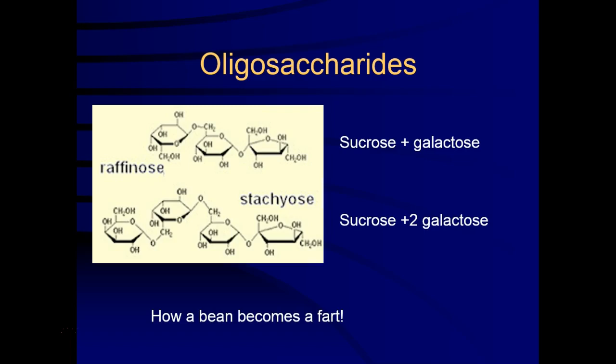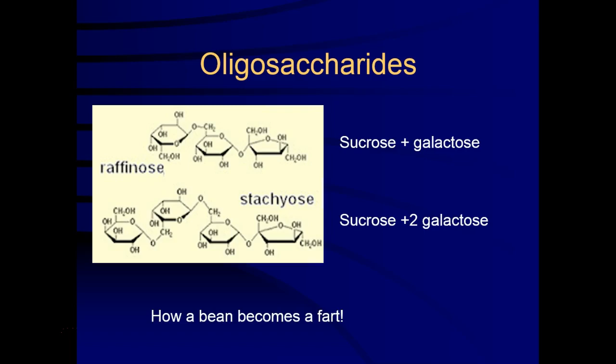So the two that are found in there are one called raffinose, and you'll notice that raffinose and the other one, stachyose, are very similar. The big difference is the number of galactose. So if you look there, with raffinose you've got an alpha glucose bonded to a fructose molecule that gives us sucrose.